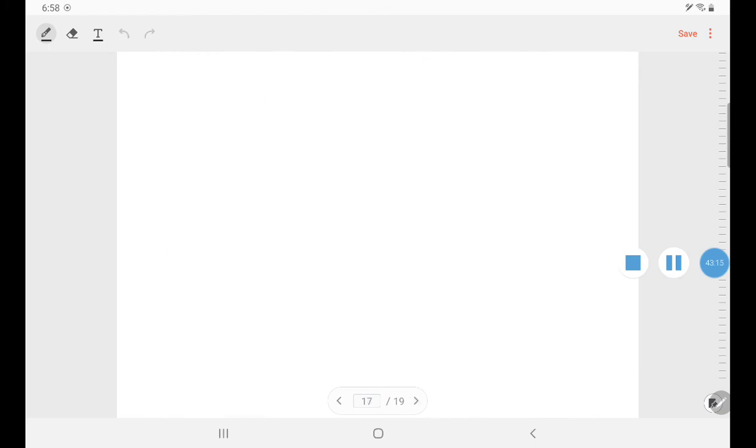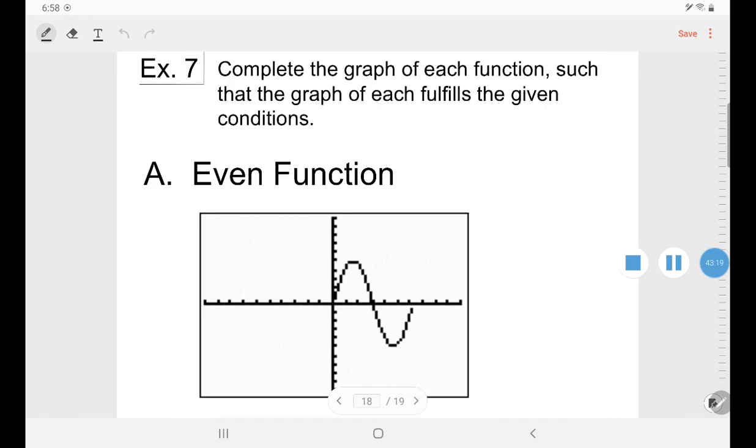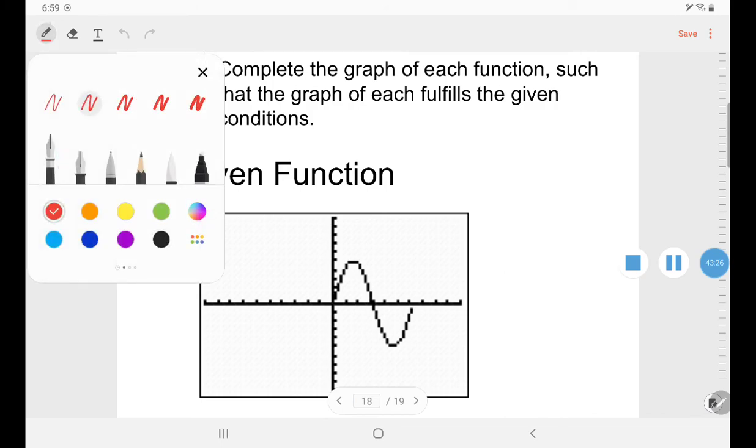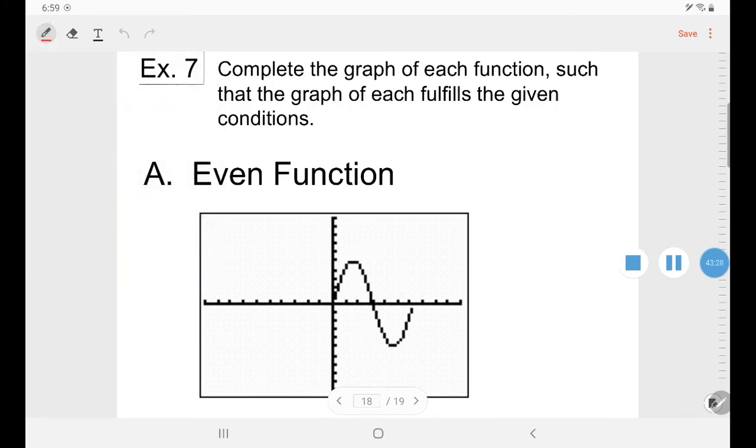Okay. I want to finish up just doing two last quick things. I want to take a graph here, and let's just complete a graph. So here I have a graph. It's actually a graph of y equals sine x. Or actually it has an amplitude on it, like 1, 2, 3, 4, like y equals 5 sine x, but that's not important.